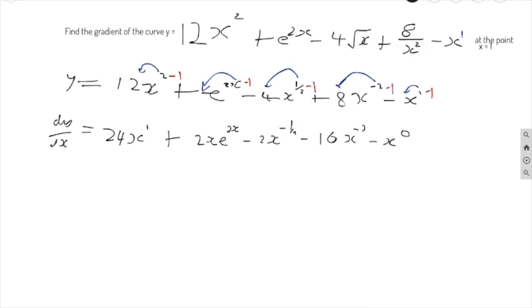We can simplify things a little bit. x to the power of 1 is just x, so we have 24x plus, we can absorb this x into the e to the x. I realize now I didn't write the minus 1 here. My mistake, I apologize.